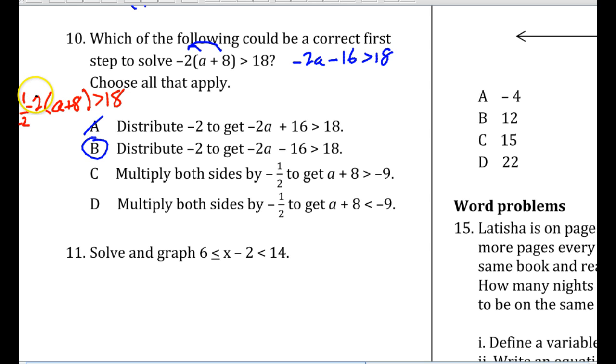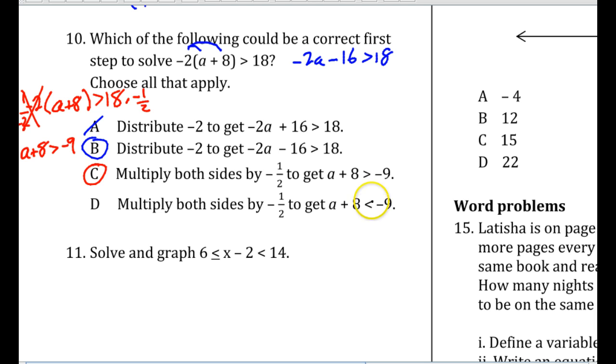That would cancel out this negative 2. Multiply this side by negative 1/2. I'd just be left with a plus 8 greater than negative 9. Half of 18 is 9, and then with the negative we have negative 9. And looks like that would be C.